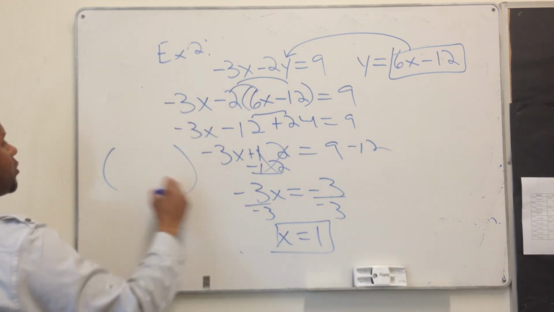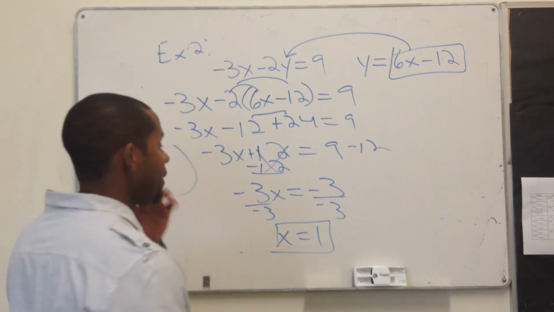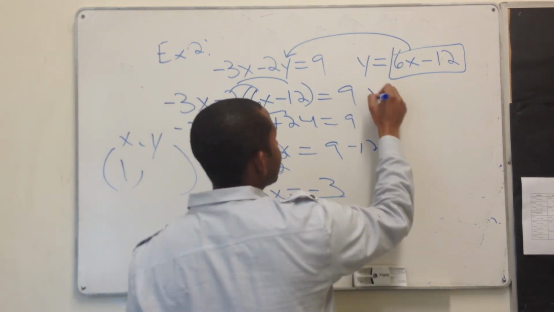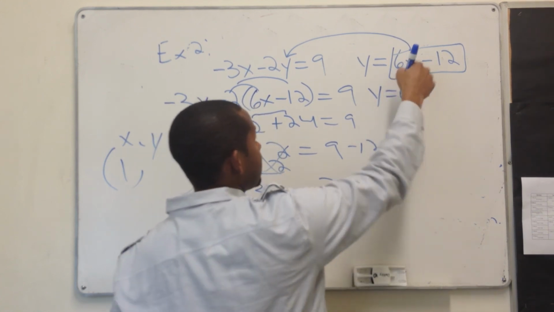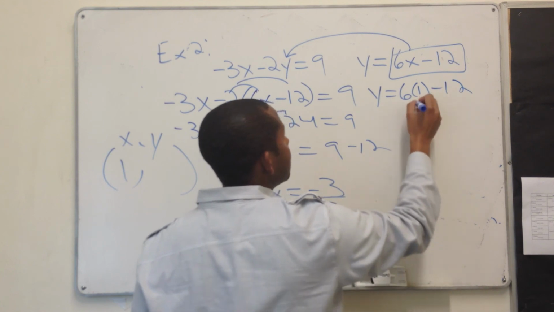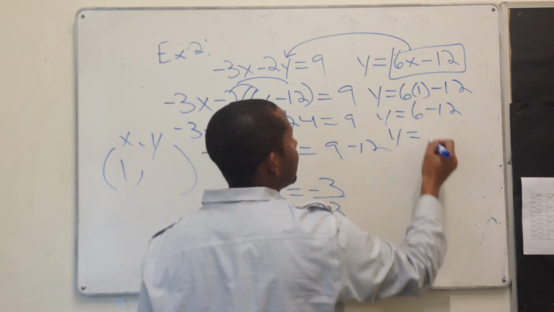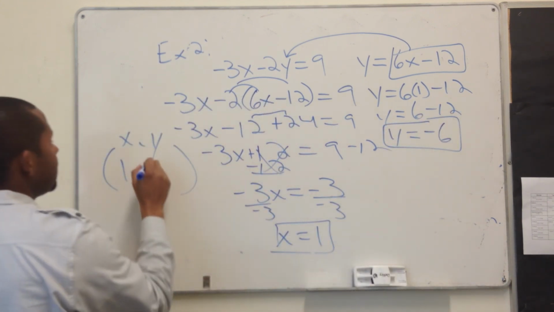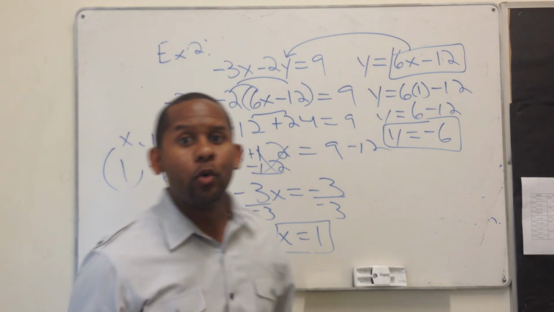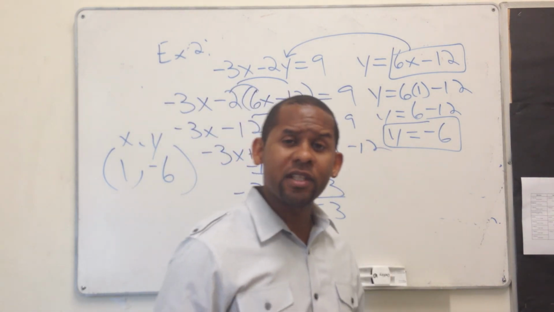So far my solution is x equals 1. And then, this is nice and pretty, I can plug this in. Y equals 6. Remember, x was 1, so I put it here. Y equals negative 6. Boom. All done. So that's what we have going on today for substitution.